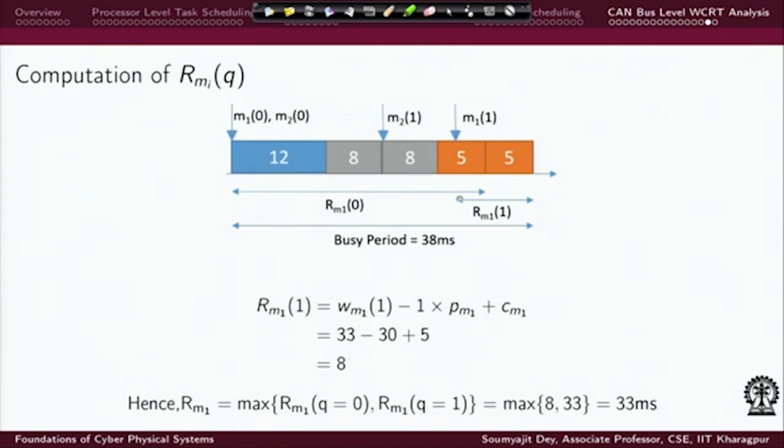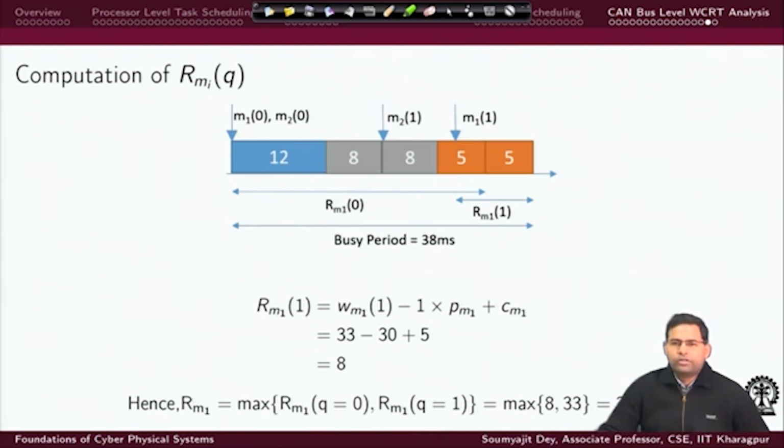So if you see this equational method that we discussed, that is agreeing with how we analyzed the busy period and response time from the figure. And now you can just apply our previous definition of worst case response time and infer that the worst case response time would be 33 here.